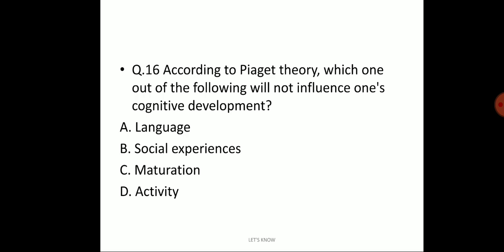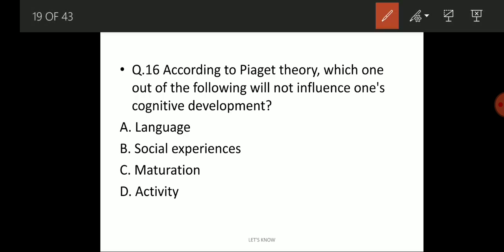C, maturation. Yes, he talks about maturation, that is biological maturation. And D, activity. Yes, he says by activity he can develop his cognitive level. So the correct option, which one out of the following will not influence, is language, according to Piaget.